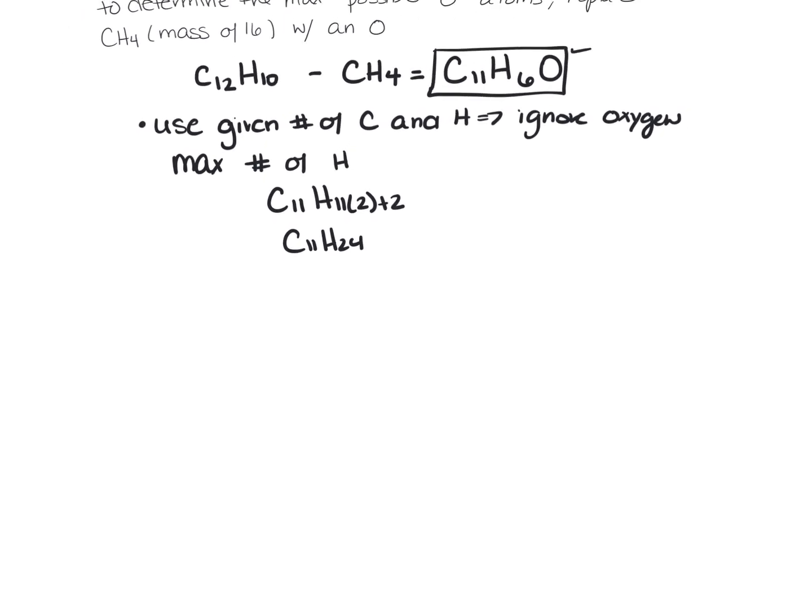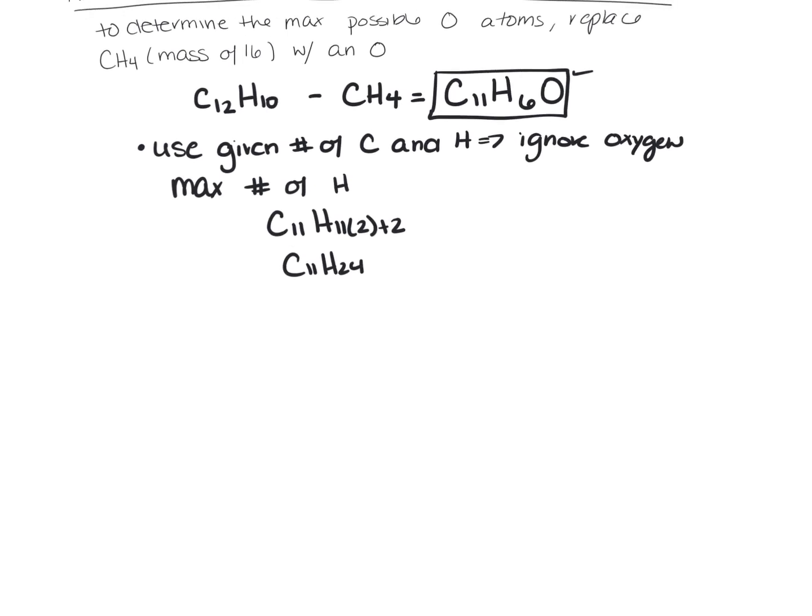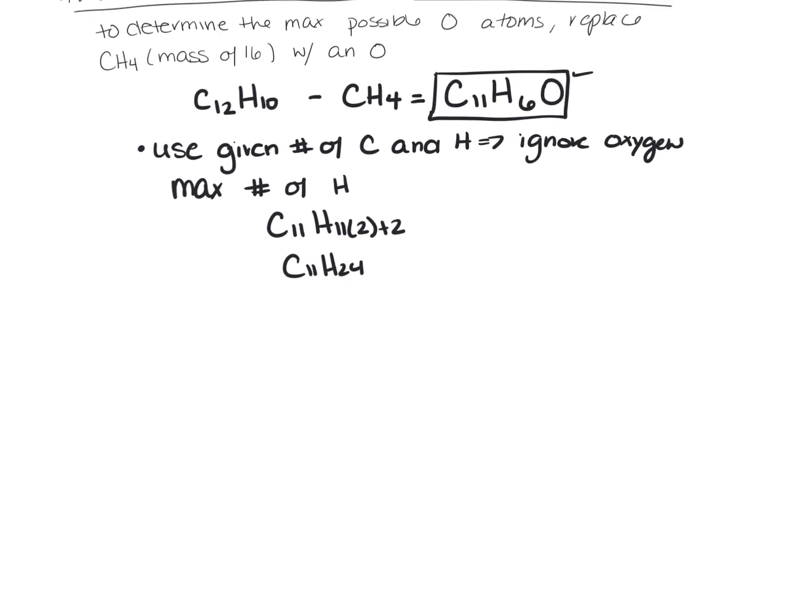We can then check and see if we have another oxygen atom. When we have C11H22, right? So here we can subtract 1 CH4, and that would give us C10H18.